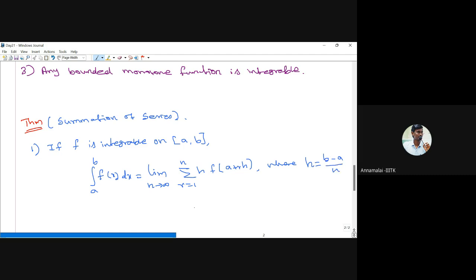Sometimes they give the left hand side, sometimes they give the right hand side. So if the right hand side is of this form, we can write it as the integral from a to b of f(x) dx, and then you can easily find the value of this limit.